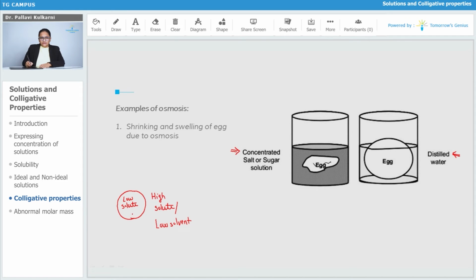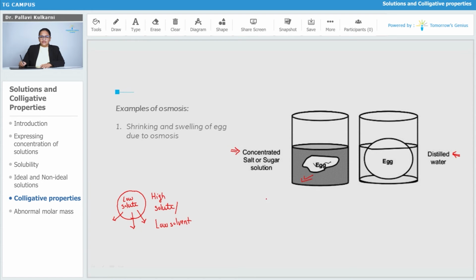So whatever water or solvent is present inside this egg will come out through the semi-permeable membrane. As the water comes out, the egg will shrink, and we can see shrinking of the egg in the concentrated salt or sugar solutions.